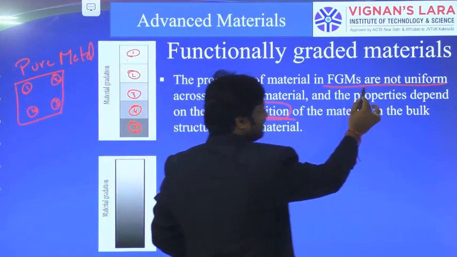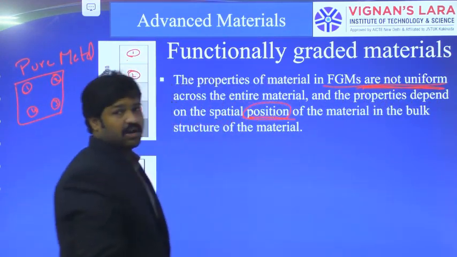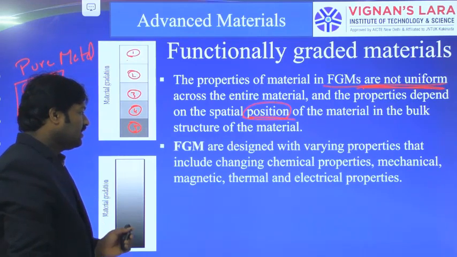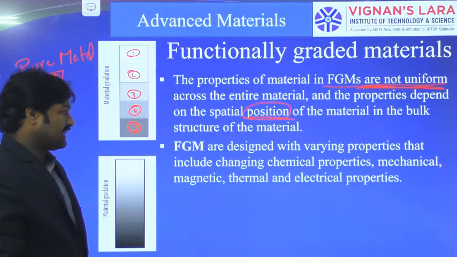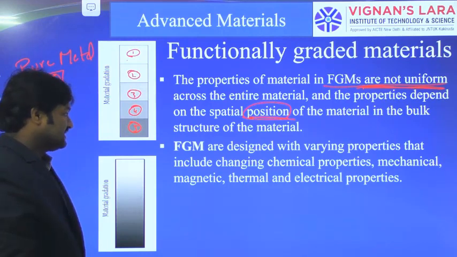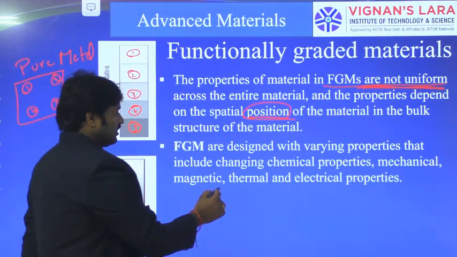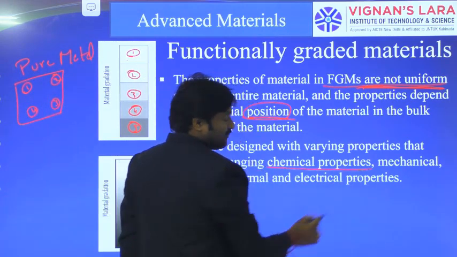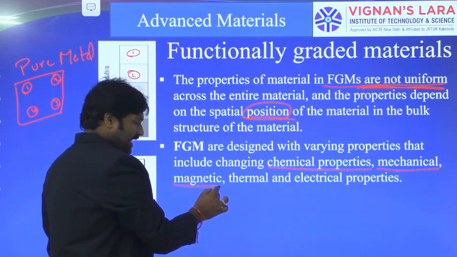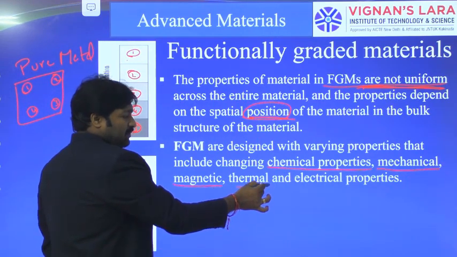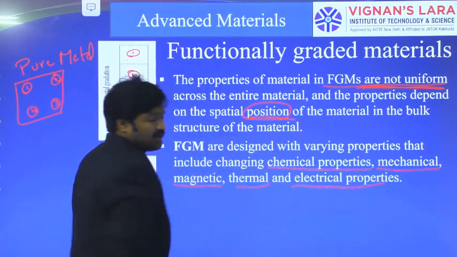Why? Because the properties of these FGMs are not uniform. Next, FGMs are designed with varying properties that include changing chemical properties. So FGM properties include having different chemical, mechanical, magnetic, thermal, and electrical properties.